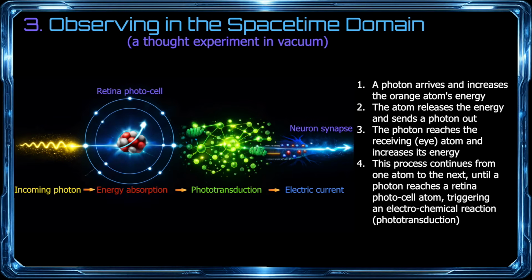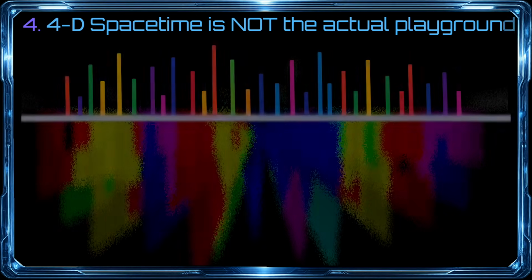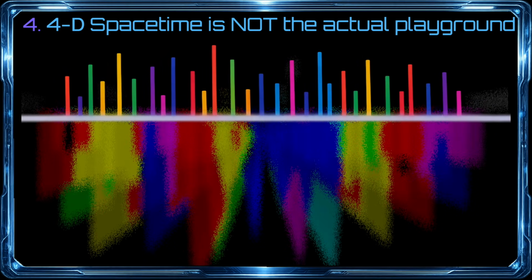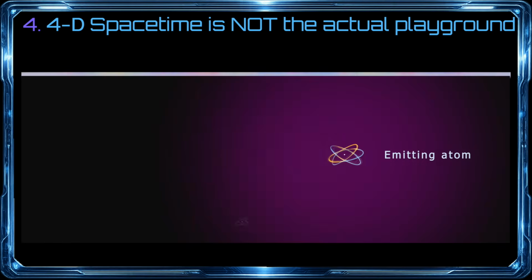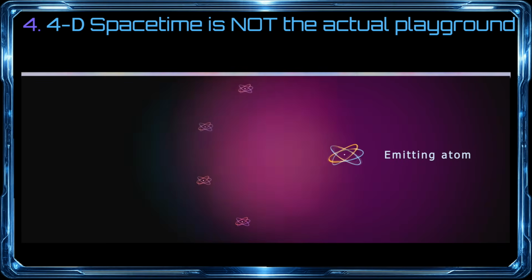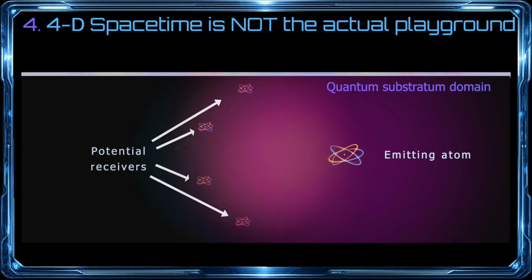All of this seems to happen in the space-time domain, but the theory I am presenting to you is, well, different. What is really happening, according to this theory, is that the energy received reaches the orange atom in the quantum substratum domain, which then triggers a bunch of interactions in that domain with all the potentially receiving atoms. These interactions will determine the probabilities of reaching each of these atoms.